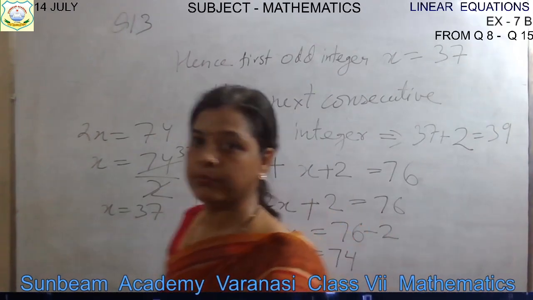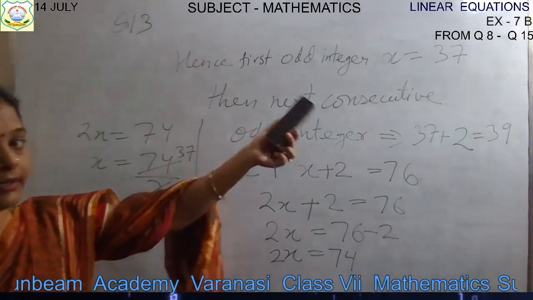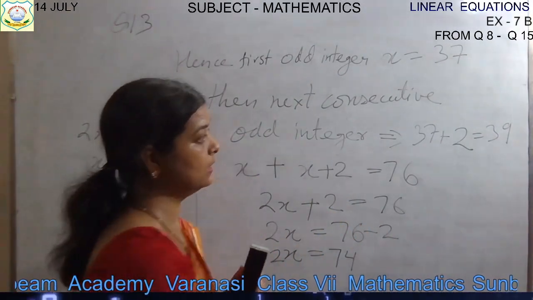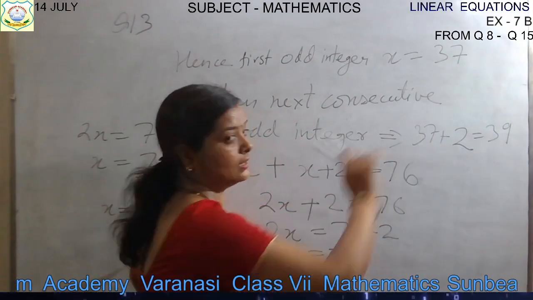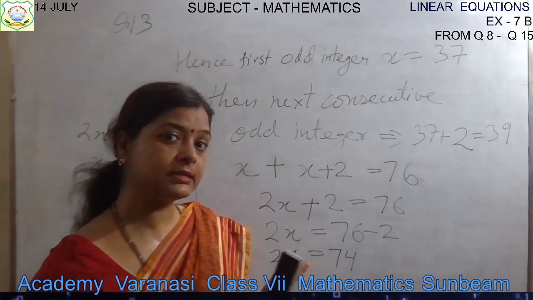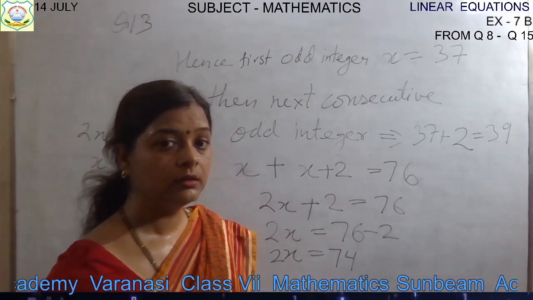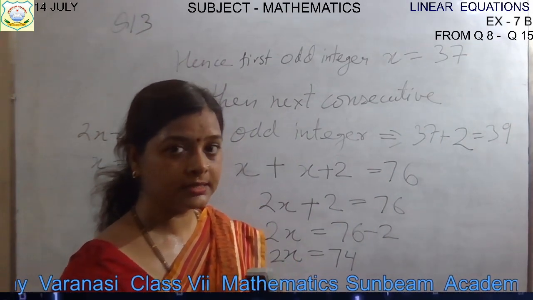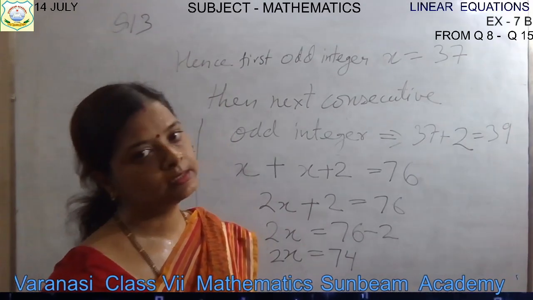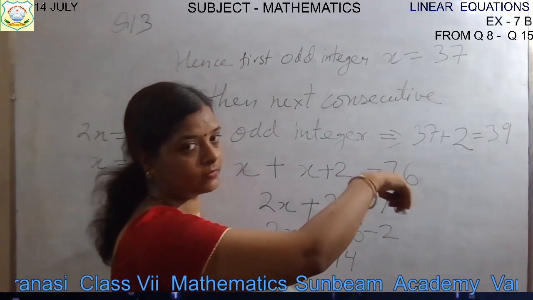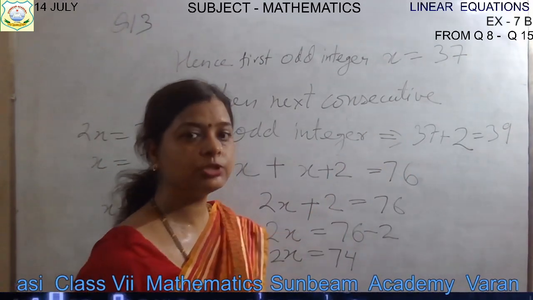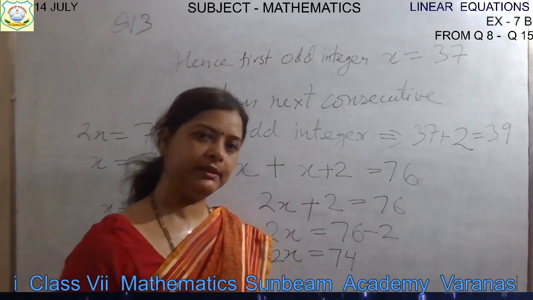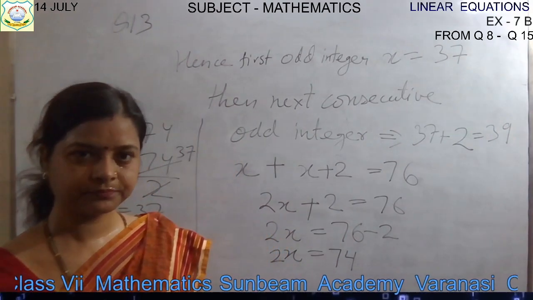Clear, children? So the consecutive odd integers whose sum is 76 are 37 and 39. Children, add them. 37 plus 39, what you will get?